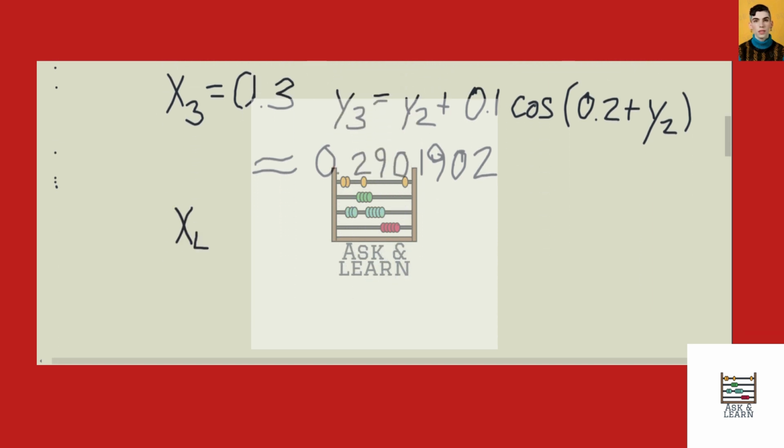Step 4, we have x4 is equal to 0.4 and y4 is equal to y3 plus our step size 0.1 times our function evaluated at x3 and y3.